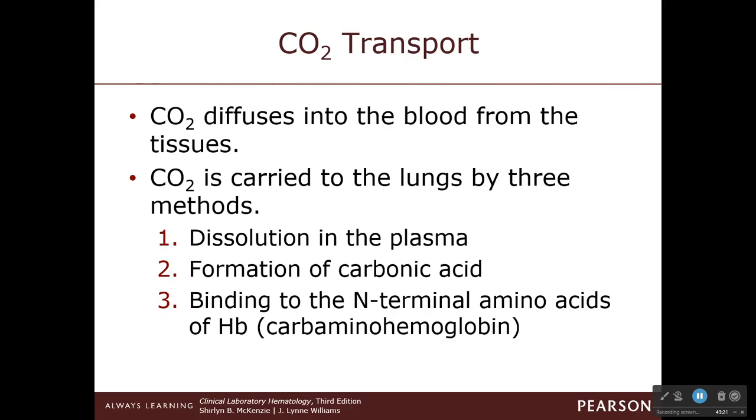Carbon dioxide. CO2. Okay, think back to 3rd grade. You were taught CO2 plus H2O gives us glucose, C6H12O6, and oxygen.